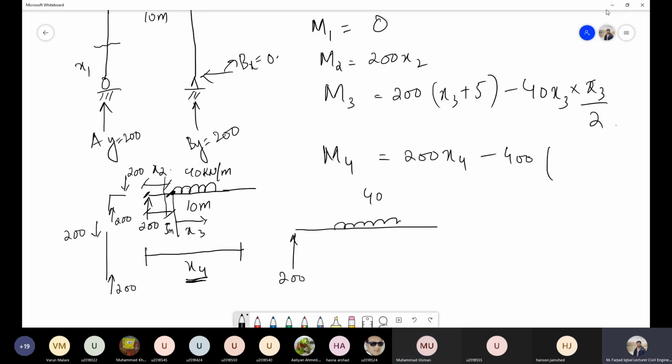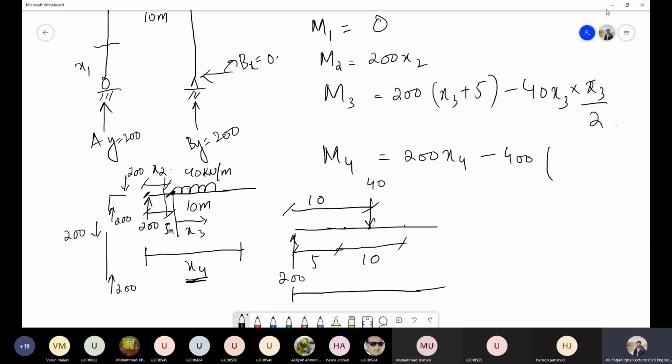This is 40. This distance is 5. This distance is 10. So if I convert this into point load, that will be 40. This will be acting at a distance of 10.